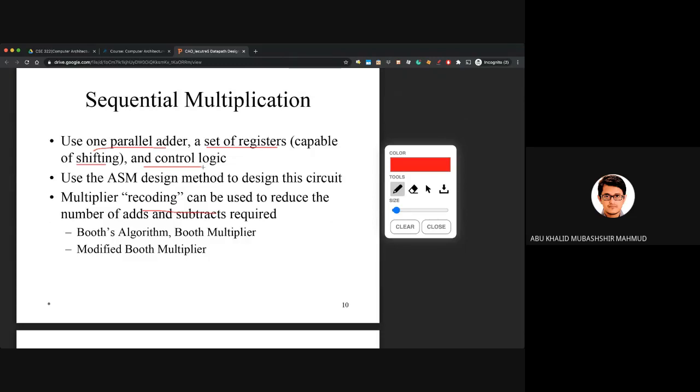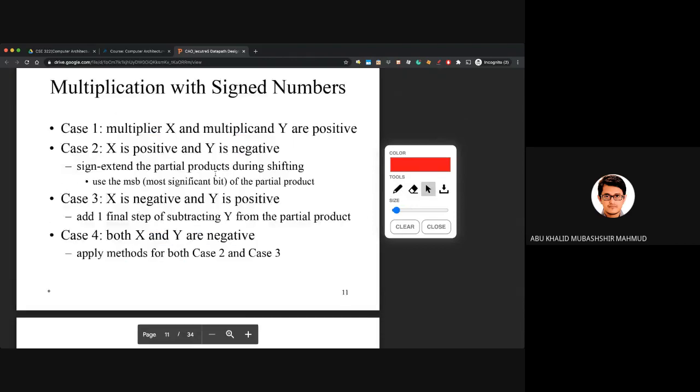The multiplier recoding can be used to reduce the number of adds and subtracts required. That is, it can be reduced and made easier. Then we can imagine how easy the process can be. This involves Booth's algorithm, Booth's multiplier and modified Booth's algorithm. We will see it in the next class.